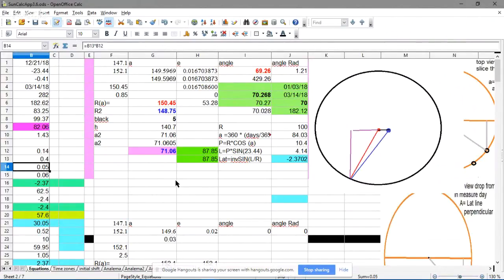Hello. This is just, I hope it's gonna be short, explaining how I managed to get the angular position of the sun in relation to the Earth.